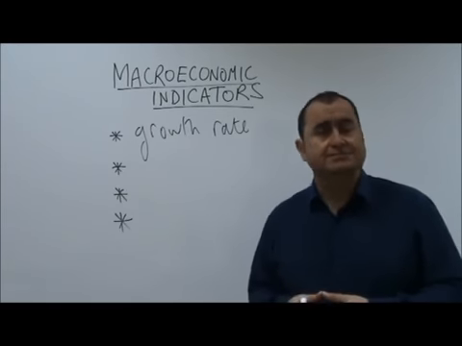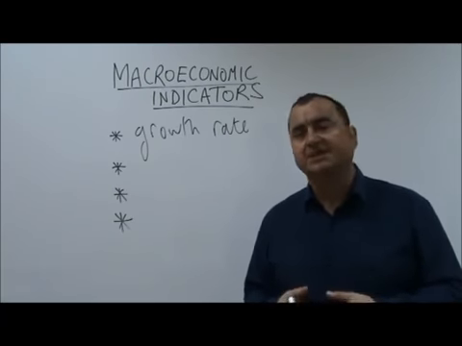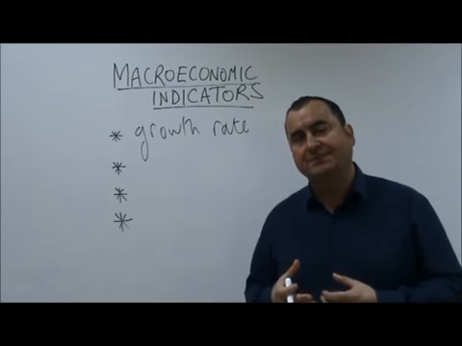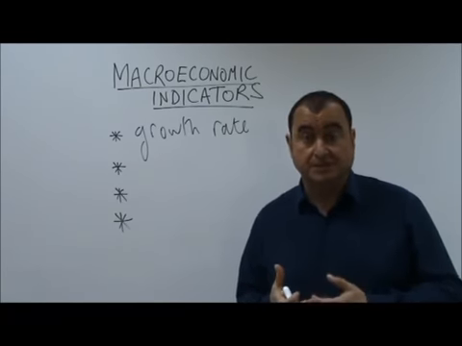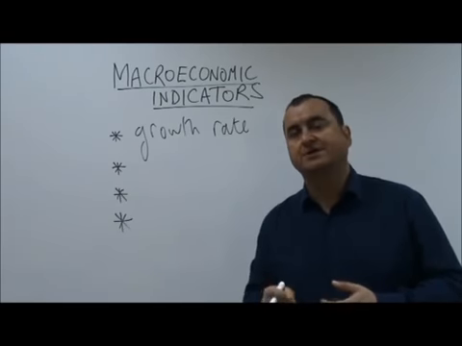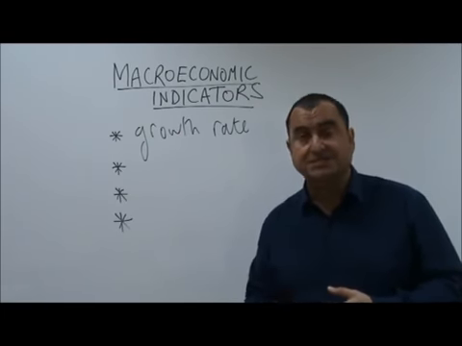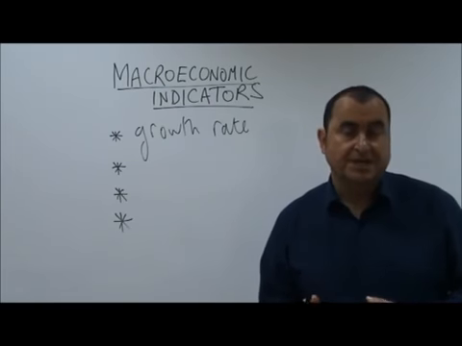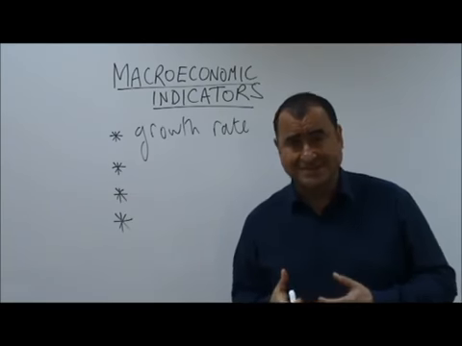The USA and the UK are going to be growing at about 3 or 2% this year. So when growth happens, it's measured as a percentage rise of GDP. And that's a great macroeconomic indicator, because the growth rate, the higher it is, the more successful the economy has performed in that time. So it's a very important indicator.